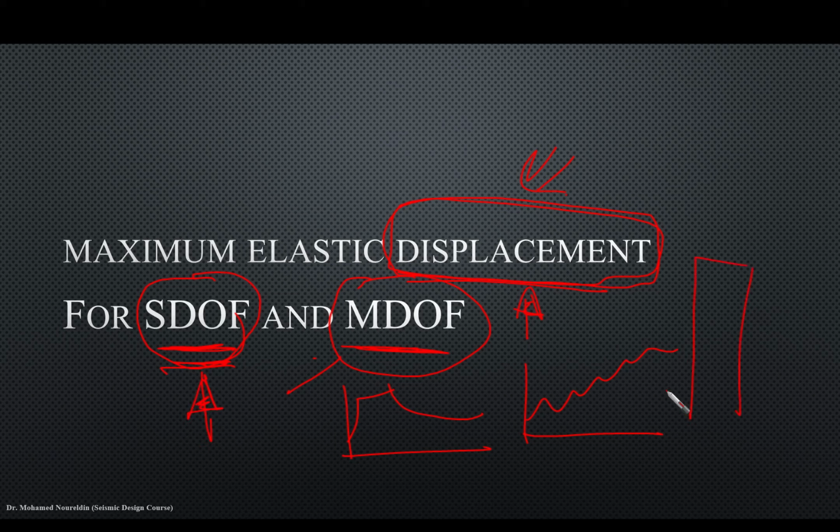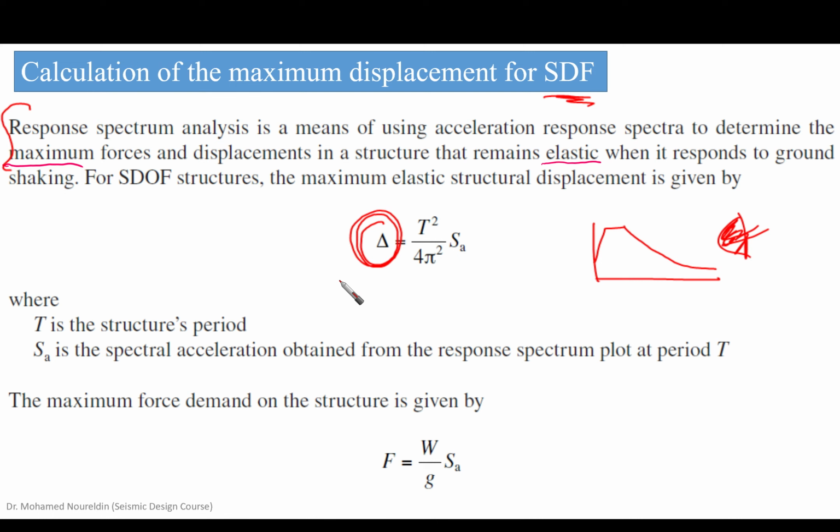In the derivation of the response spectra that we explained shortly, we started from the deformation, multiplied by omega to get the pseudo velocity, and multiplied by omega again to obtain the pseudo acceleration. But in reality, we are searching for the deformation.